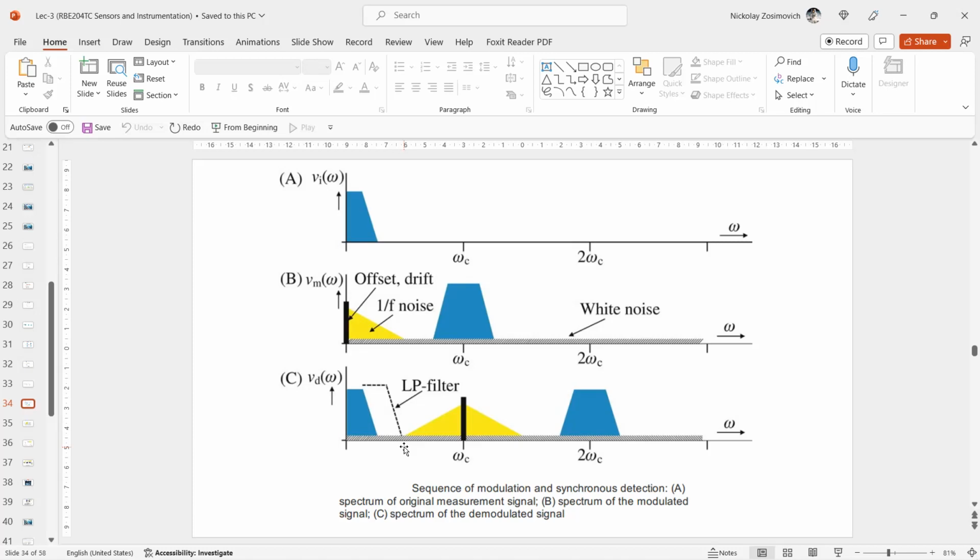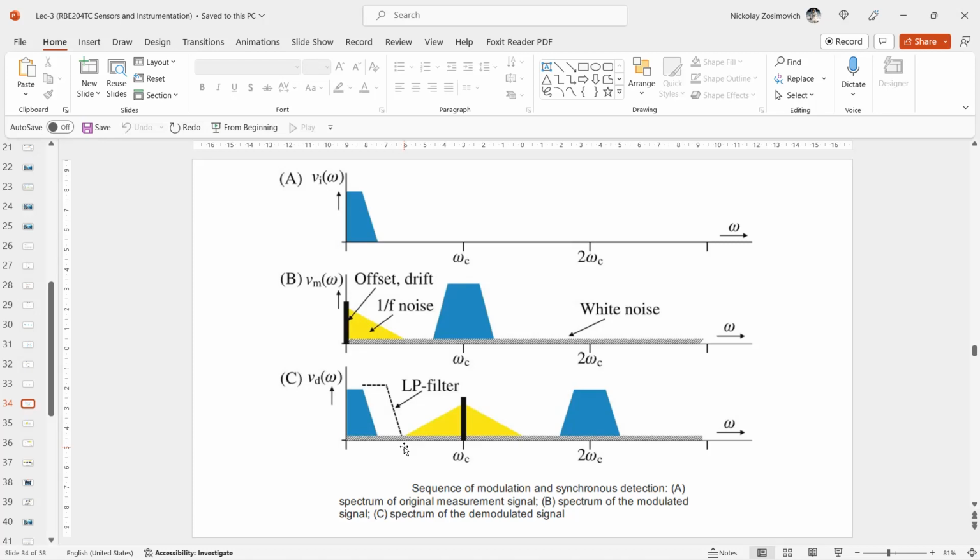This means that the effective bandwidth is two times B. The sensitivity of a band-pass filter is expressed with the quality factor Q. This factor is defined as the ratio between its central frequency F and the minus 3 decibel bandwidth B. So, the synchronous detector can be conceived as a band-pass filter with quality factor equal to F over B.